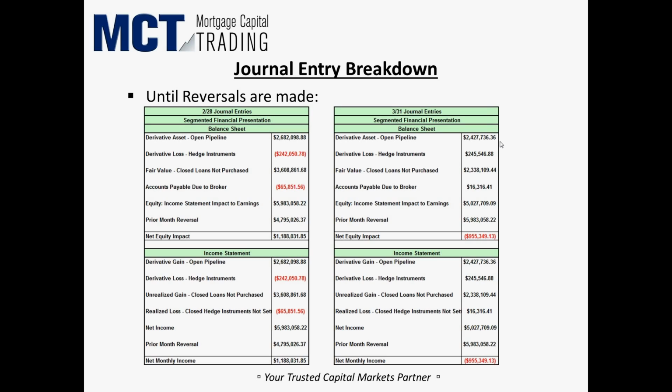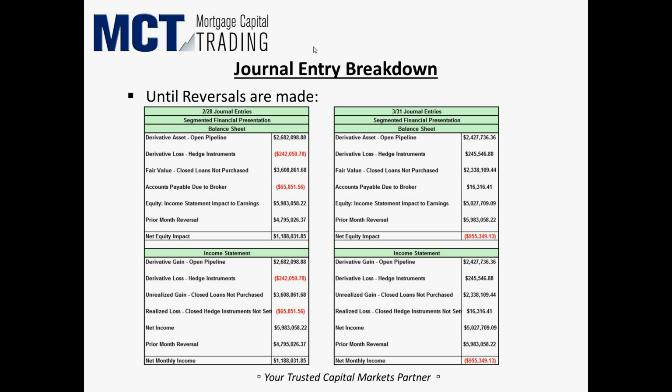So if we use an example of this fair value of closed loans not purchased of $3.6 million, let's say 100% of that just got completely purchased out of the pipeline. Holding everything constant, this fair value of closed loans not purchased in the next month is going to go from $3.6 million, and let's say no new loans came in, it's going to drop to zero.